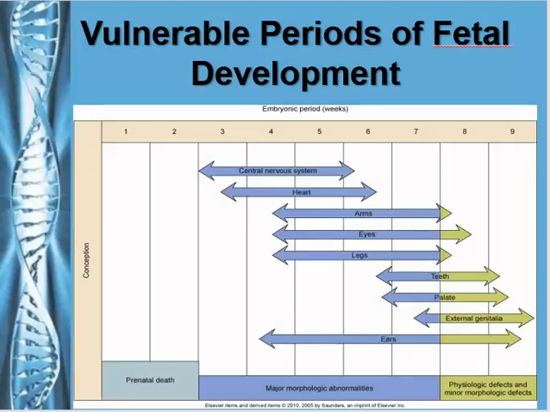Anything in the first 2 weeks will probably mean just spontaneous abortion, like the death of the fetus. Anything after 8 weeks, it's more minor morphological defects.